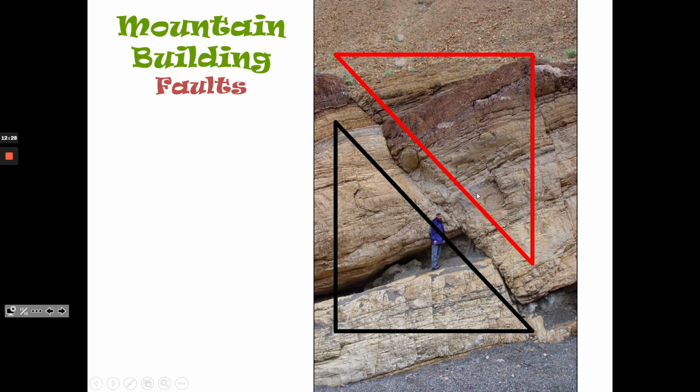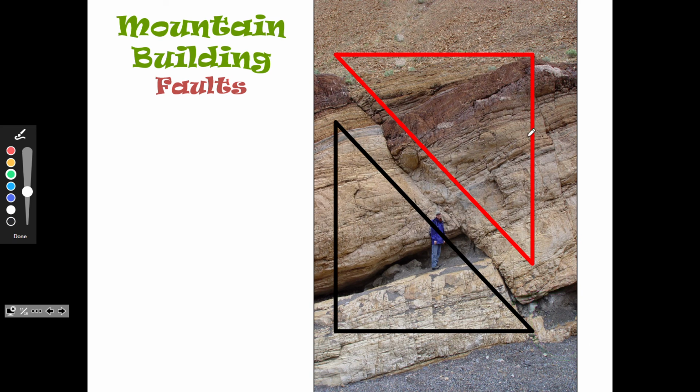I guess we're going to look at this picture first. So again, here's our real life example. We can see the division between our footwall in black versus our hanging wall shown in red. Now on this one, we see that the hanging wall is above, and we can really tell down here in the corner that there's this missing space.